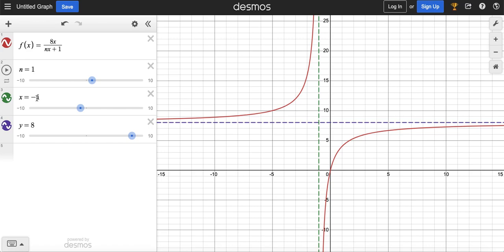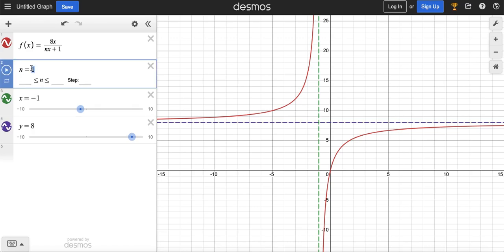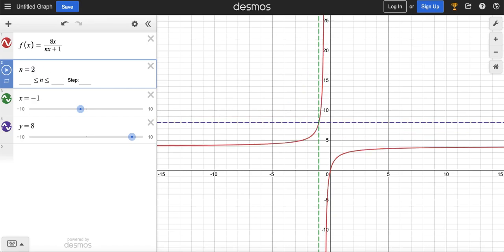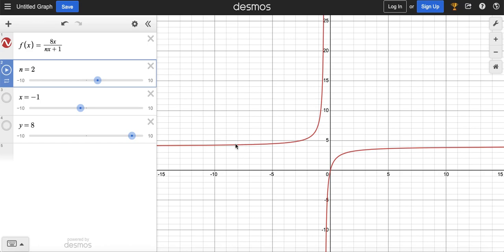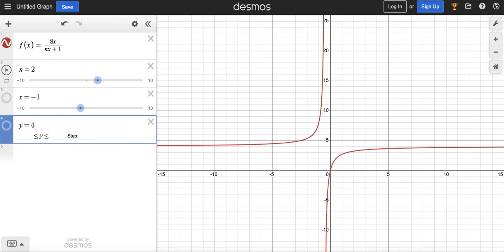And we can keep going. If n is equal to 2, this time you'll see my graph is going to approach the horizontal line y is equal to 4. So I'm going to change my equation there, and that's going to be my new horizontal asymptote.